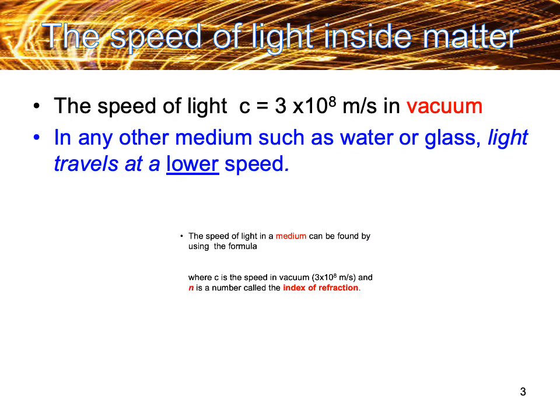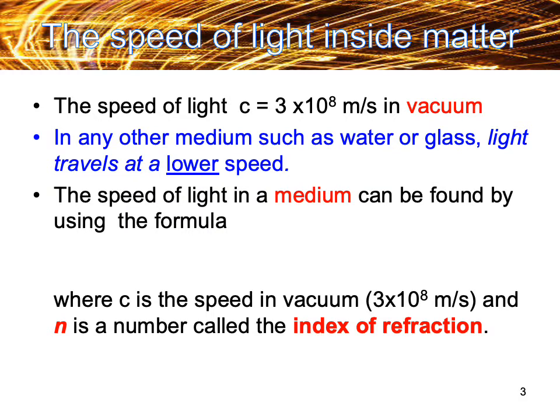Right? So how does light travel through those different matter? Well, that will be explained later, but it's known that each medium or matter has a specific optical characteristic, and it's specified by this number called index of refraction.